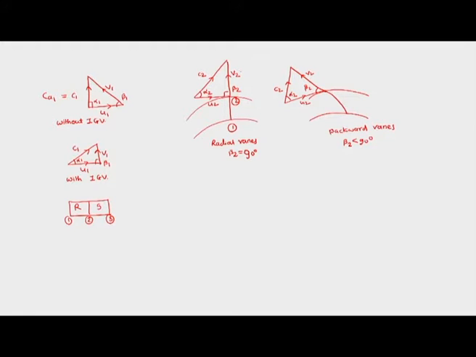In this case basically V2 is equal to CR2, here this is CR2, and then this is CW2. But now we will draw, as we have drawn earlier, for forward facing vanes.